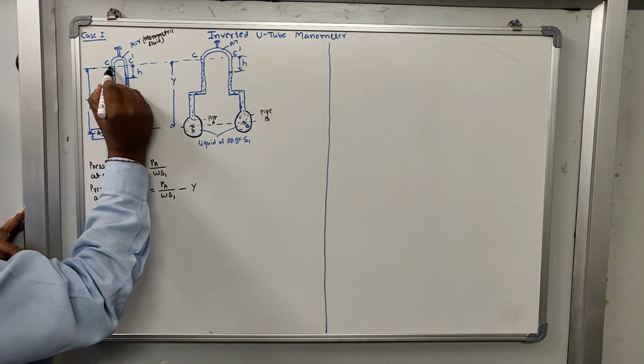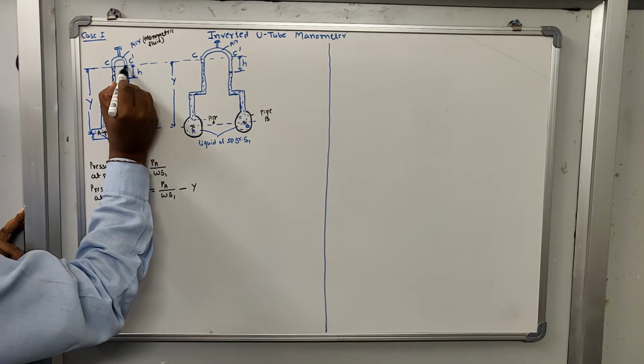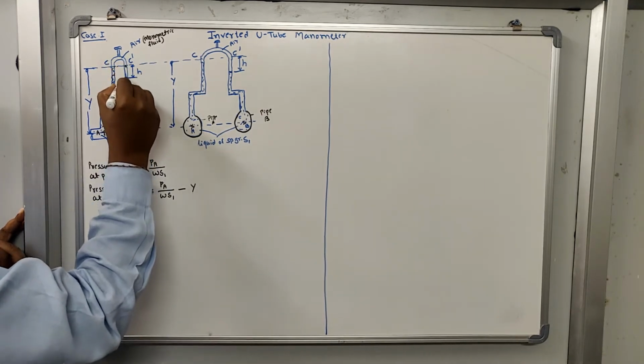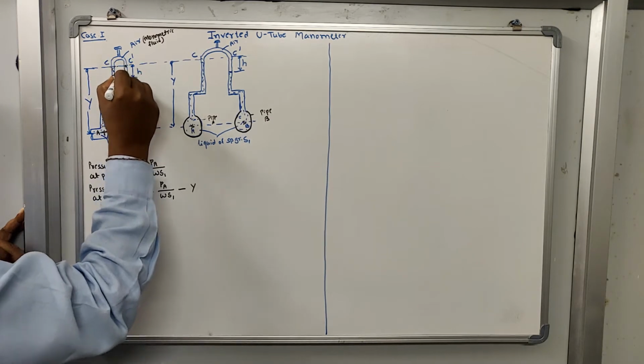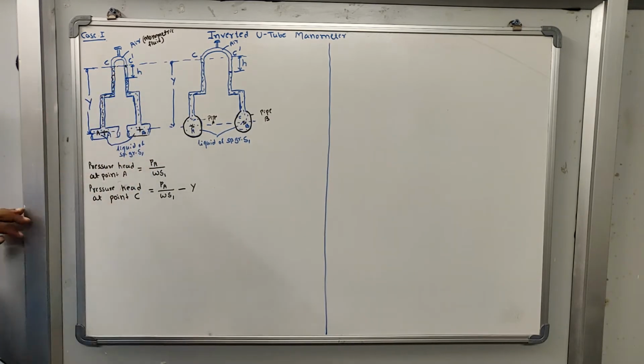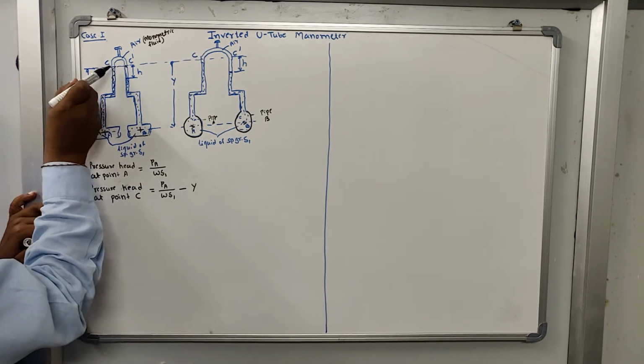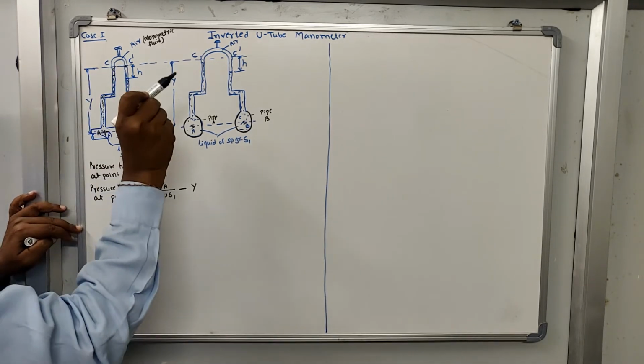Now at the same level you can consider another point, C dash, in the next limb of the manometric tube. Observe that C and C dash are both lying on the same horizontal line.